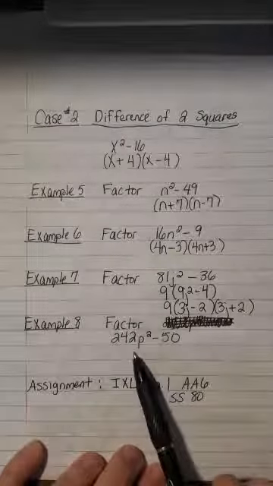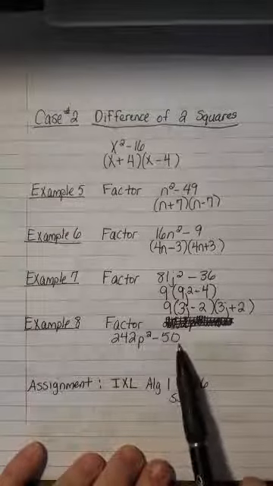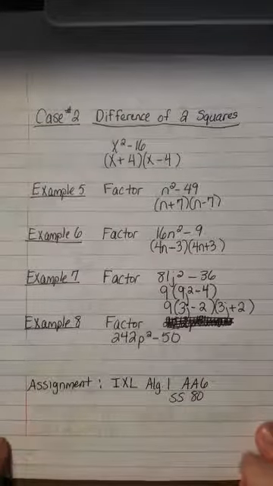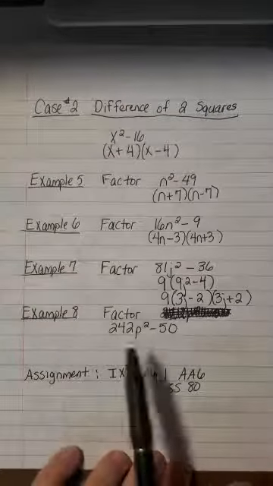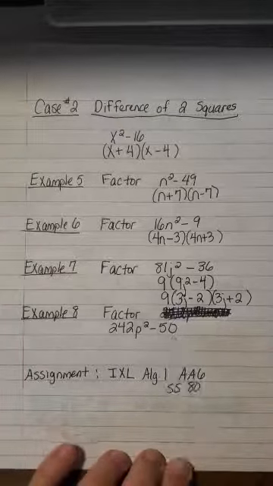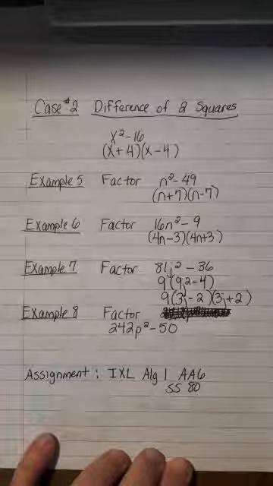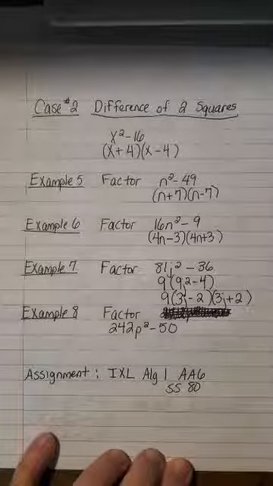Okay, we're going to factor 242p to the second minus 50. Once again, you should recognize that 242 and 50 are both even numbers. That means you can pull a GCF out front. And what goes into all even numbers? 2 goes into all even numbers.